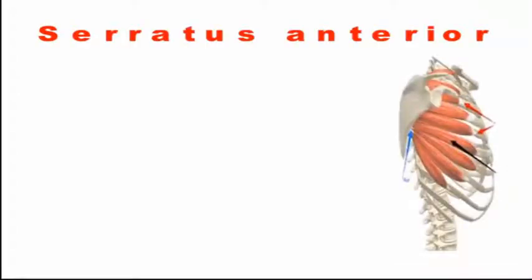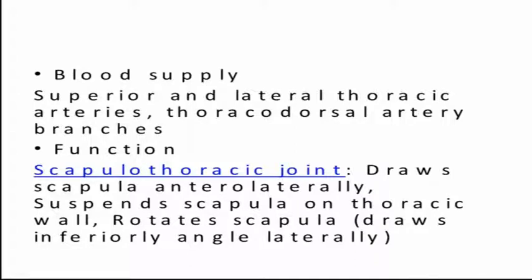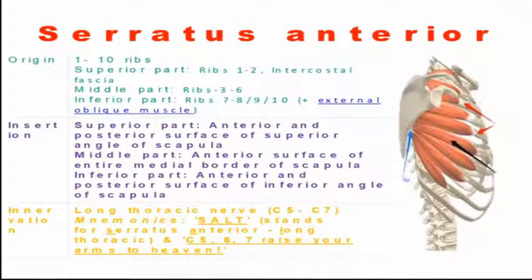Serratus anterior originates from the 1st to 10th ribs, and it is inserted on the medial border of the scapula, including the superior and inferior angles. Remember this: its innervation is by the long thoracic nerve. That's how I remember its nerve supply.